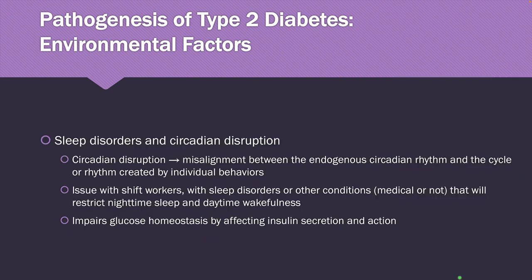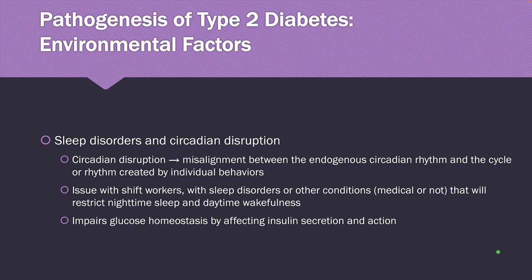One other possibly contributory factor is sleep disorders and circadian disruption. When you say circadian disruption, it means that there is a misalignment between the endogenous circadian rhythm and the cycle of rhythm created by individual behaviors.